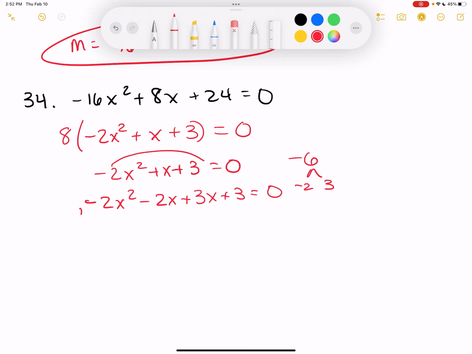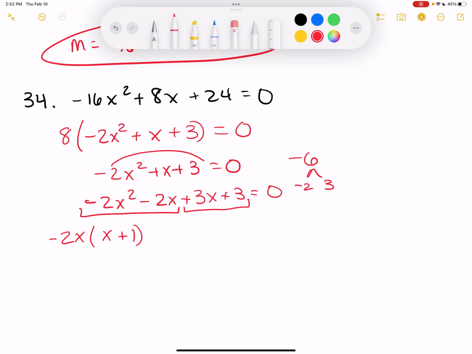Okay, group. What signs on both of them? Negative, so I'm going to take that out, which leaves me with x plus 1. Negative and negative cancel to give you a positive.